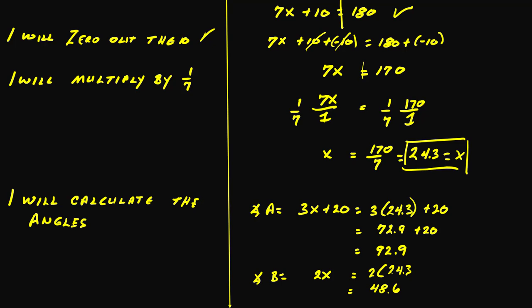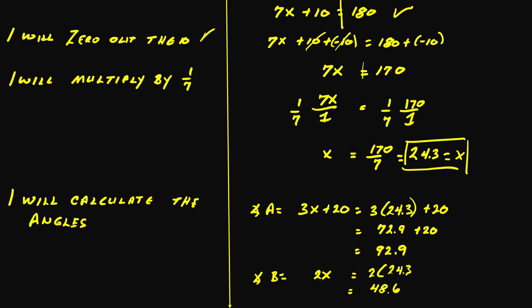So at this point, we're left with just a simple multiplication problem. And to undo a multiplication problem, we multiply by the reciprocal of that number by the x, that's that 7. The reciprocal is 1 over 7.